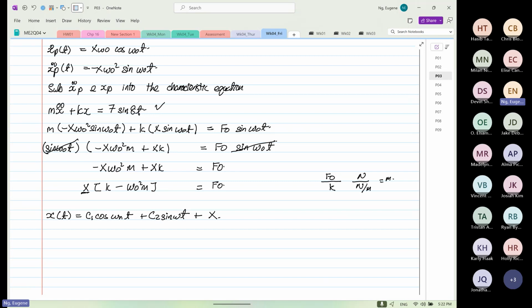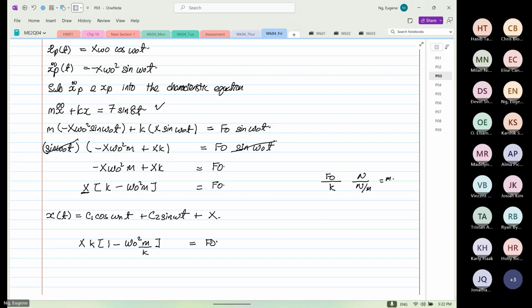Then it's equal to meter. Okay. So we have to find x. What I'm going to do is take out K. x, K, I'm going to take out. I have 1 minus omega naught squared m over K, right? And then this will be equal to what?